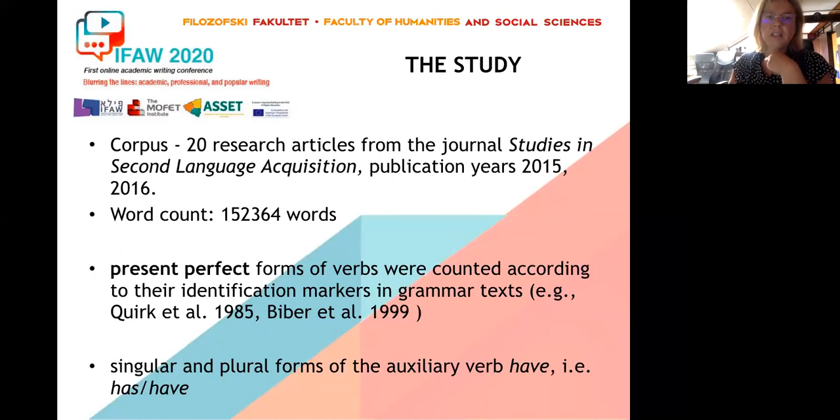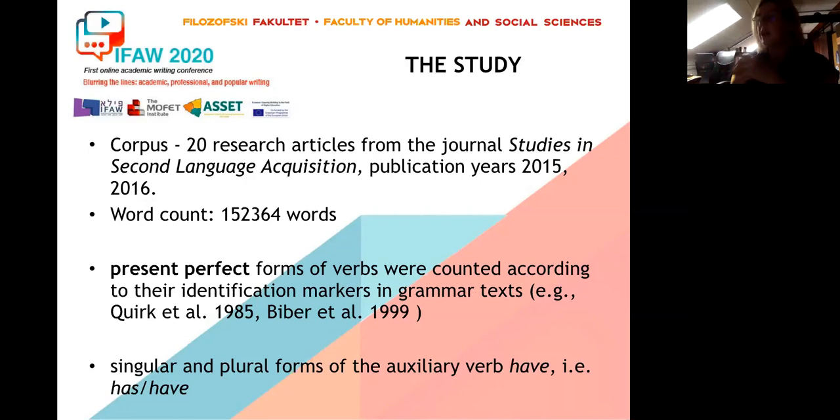So the study itself covers the corpus of 20 research articles from the journal Studies in Second Language Acquisition within the publication years of 2015 and 2016. This is the total word count, and the present perfect forms of verbs were counted according to their identificational markers in grammar texts.